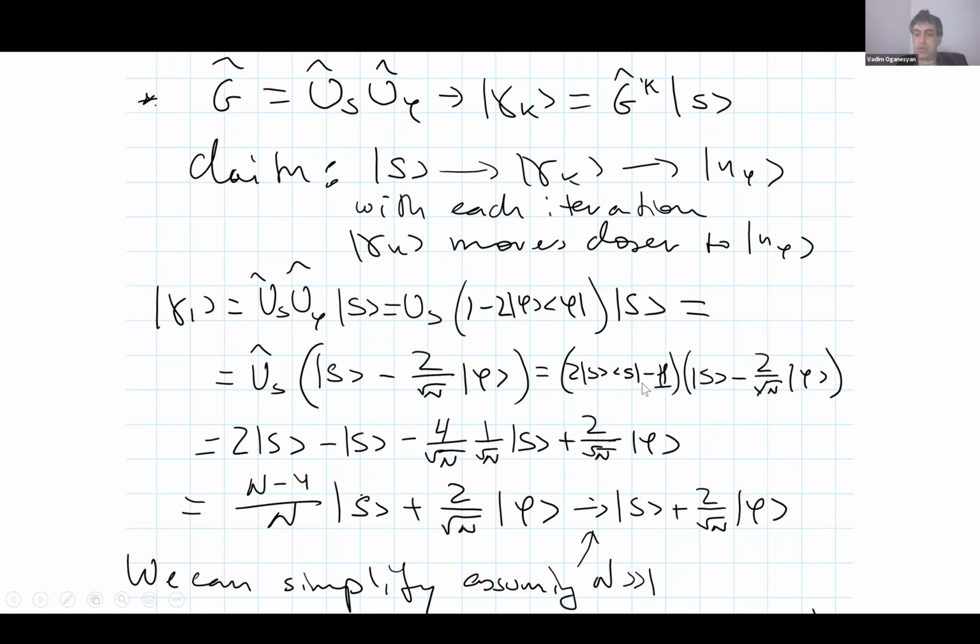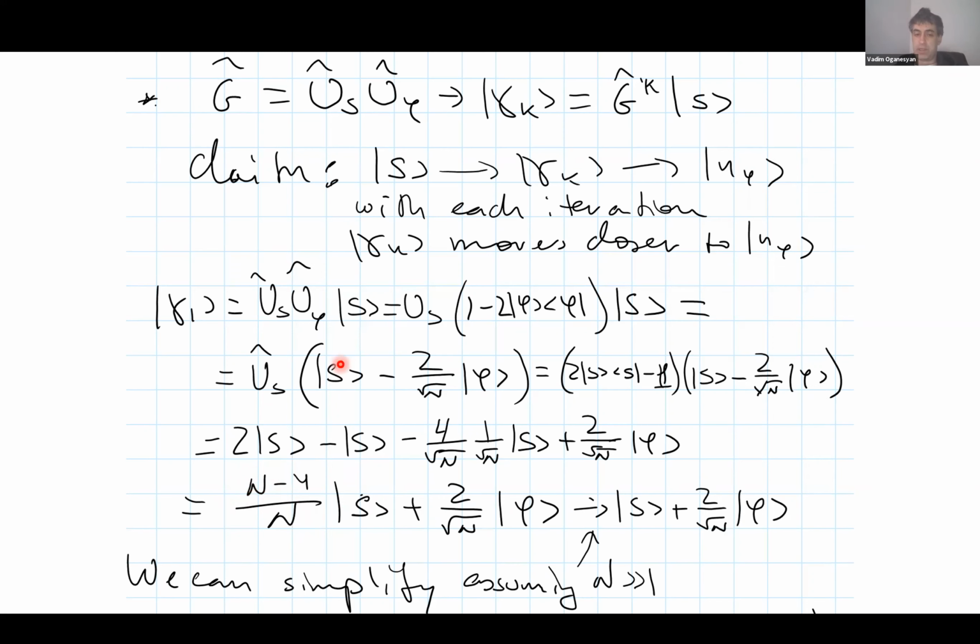Second step, we apply U sub S, again, write it out, collect the terms, and the end result of this calculation is that, especially when the size of the problem is large, n minus 4 divided by n is very close to 1.